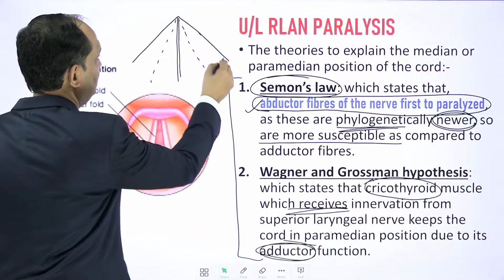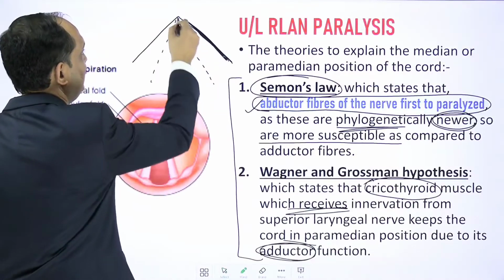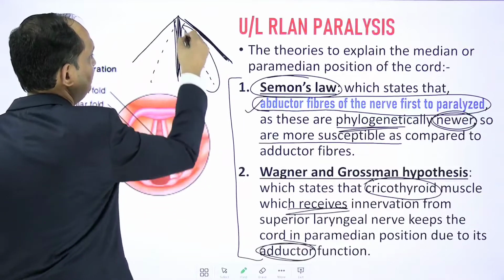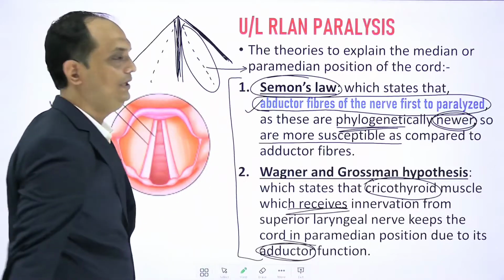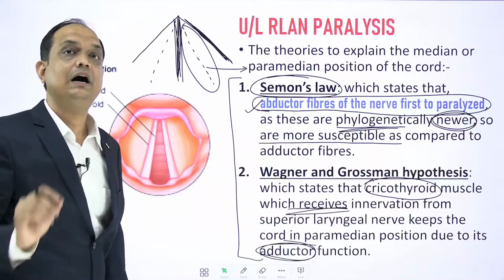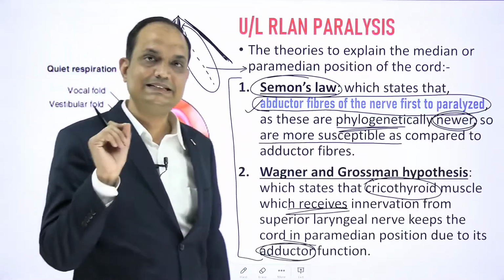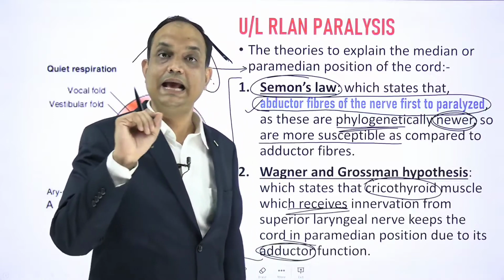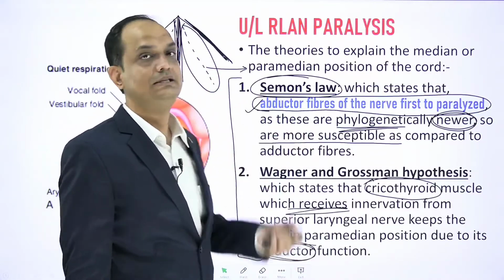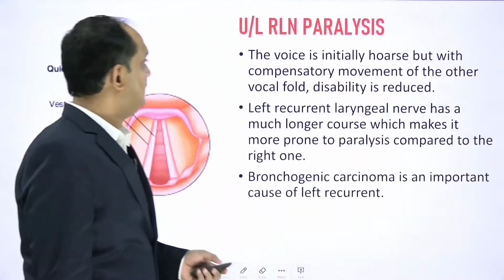They are not exactly lateral, they are not exactly in the midline, but they are somewhere in the middle, which is known as the paramedian position. And why? The only answer is that the adductor function is still present, and it can be due to the cricothyroid or due to this Semon's law.